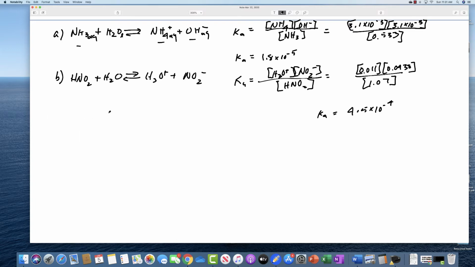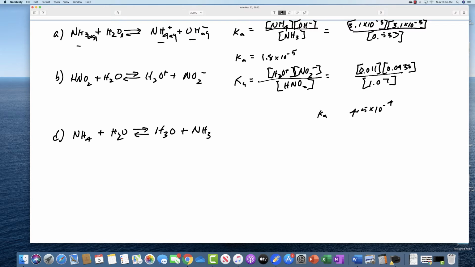So let me skip down to D, which is interesting because what it's showing here is the reaction. For the last one, let's do D. And D is a situation where you have NH4 plus H2O goes to form H3O plus NH3.